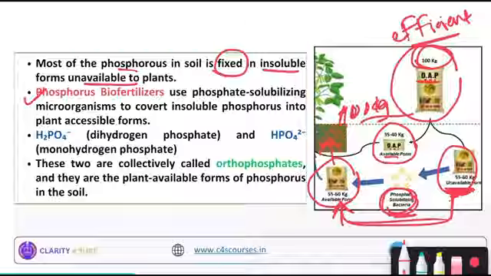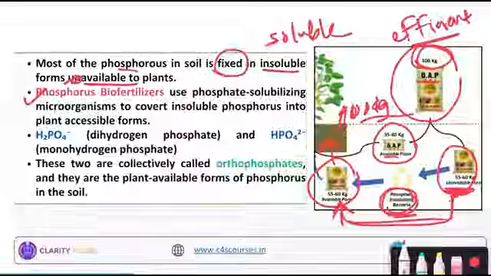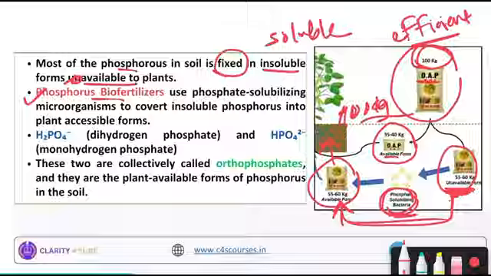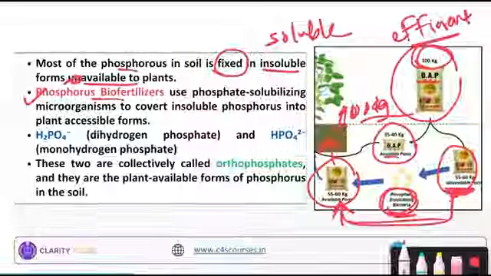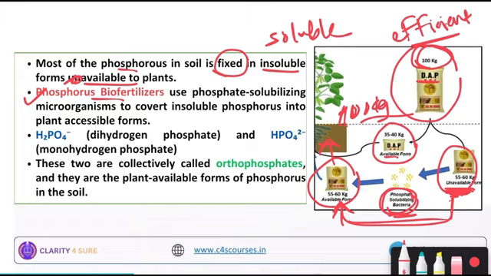So for making it soluble and available, we are incorporating phosphorus biofertilizers. They use organic acids, enzymes, or different mechanisms to convert this insoluble phosphorus into a plant accessible form.